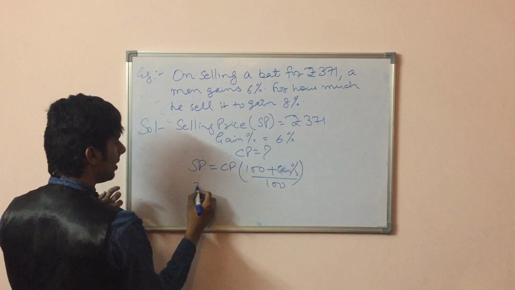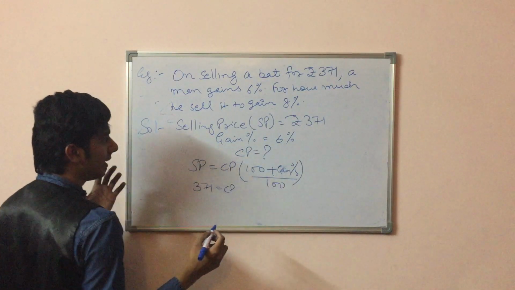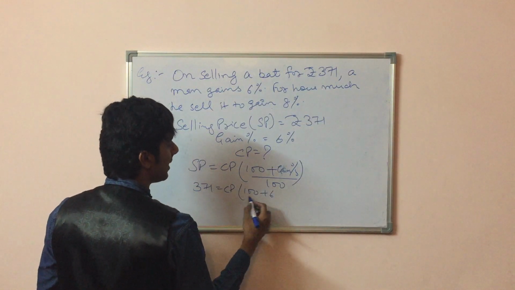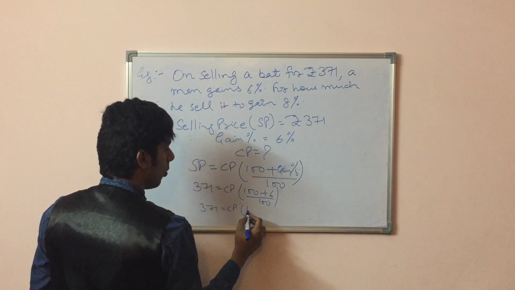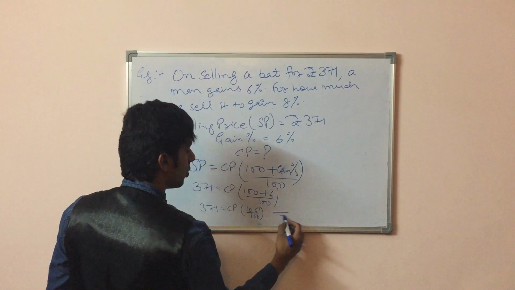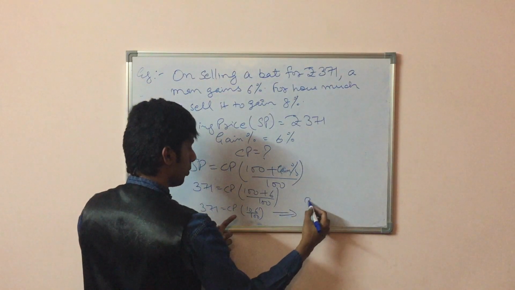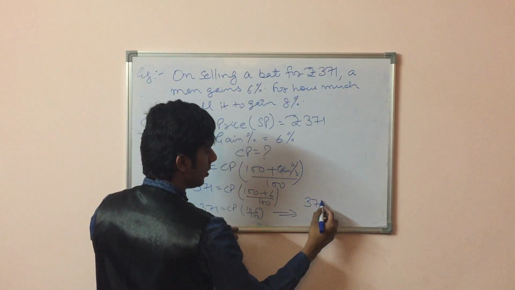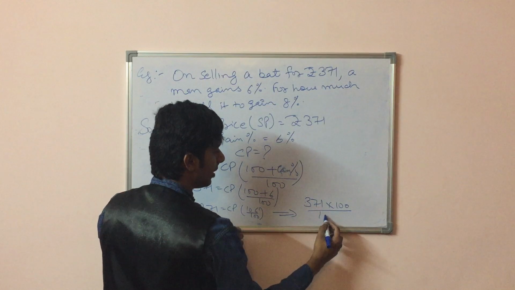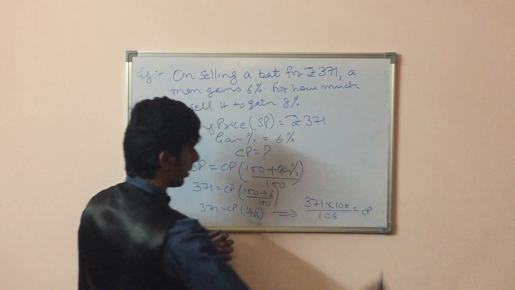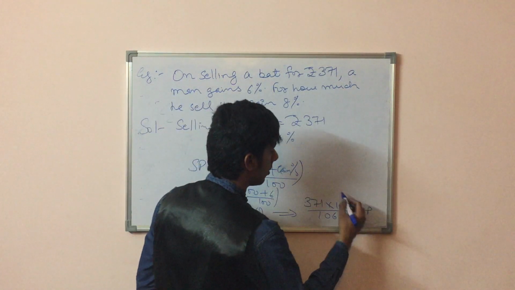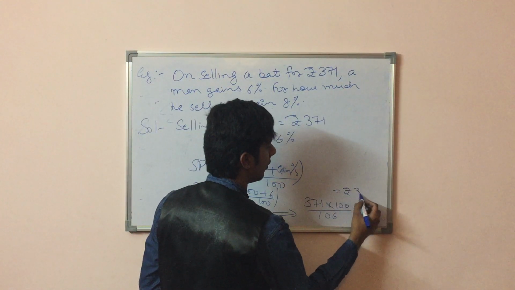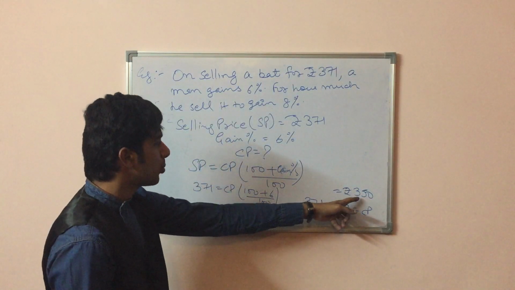So SP is rupees 371, the cost price we have to find out, 100 plus 6 upon 100, and it should be 371 equals CP into 106 upon 100, which will be 371 into 100 divided by 106, and that will be your cost price. So it will be rupees 350.